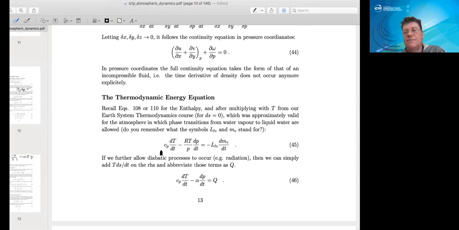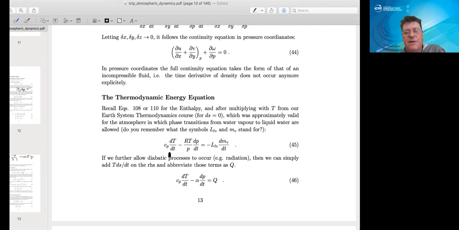What is this? Does someone know the change of enthalpy? Have you heard about this? The first law of thermodynamics expressed in terms of enthalpy.